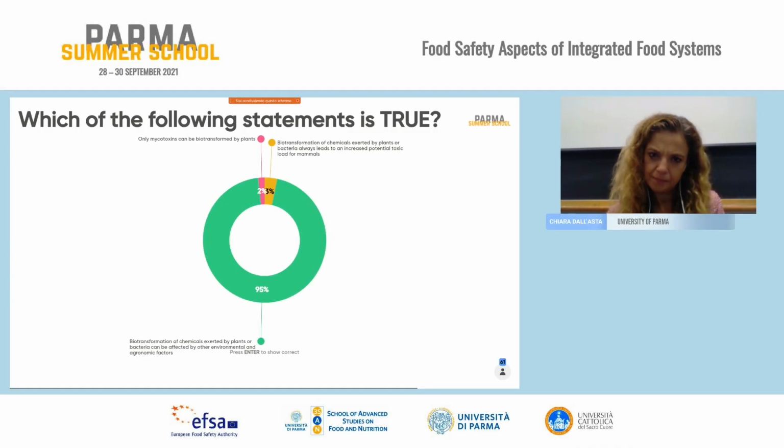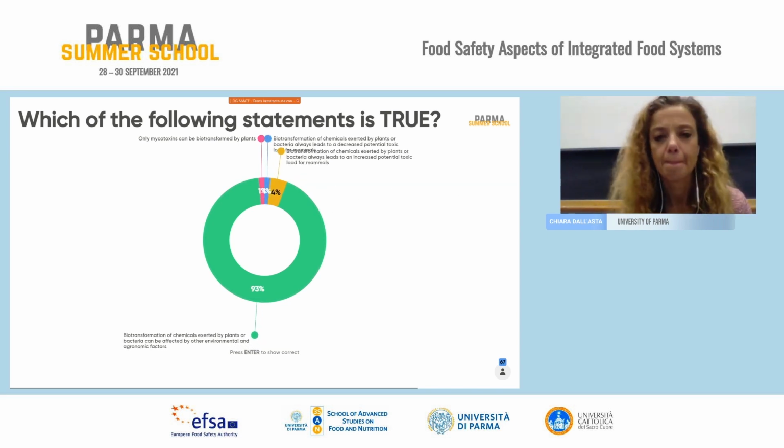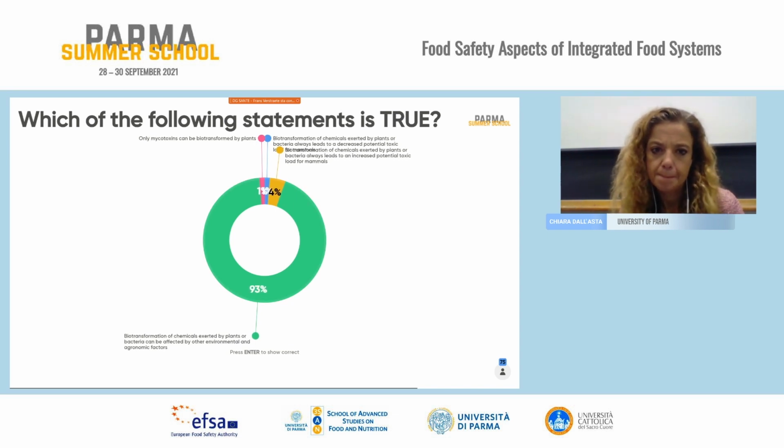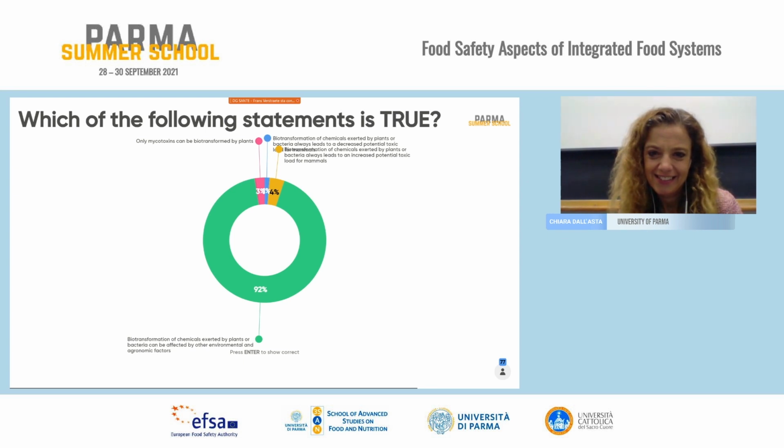The possible answers are: only mycotoxins can be biotransformed by plants; biotransformation of chemicals exerted by plants or bacteria always leads to a decreased potential toxic effect; biotransformation of chemicals exerted by plants or bacteria always leads to an increased potential toxic load for mammals; and biotransformation of chemicals exerted by plants or bacteria can be affected by other environmental and agronomic factors.